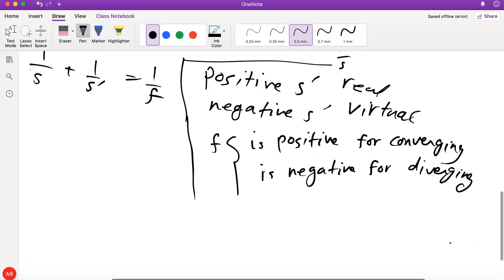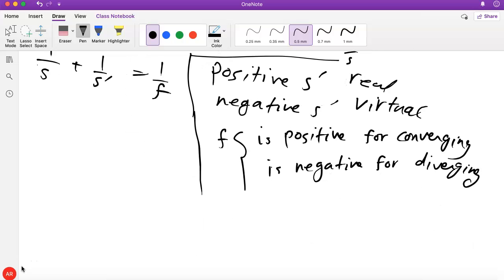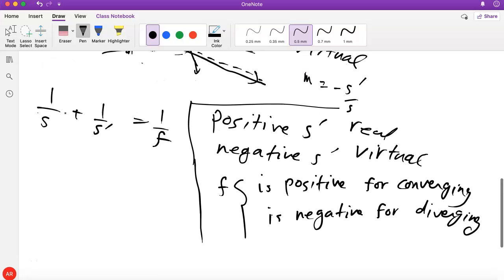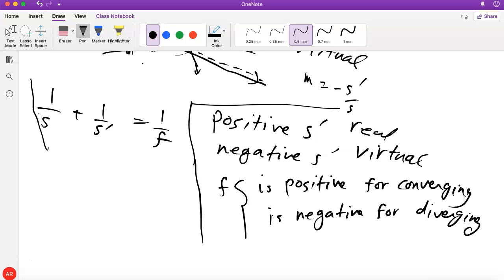All right, so this is the end of section 34.5 on ray tracing. Basically, the summary is really just this equation, which relates the position of the image to the position of the object and the focal length of the lens.